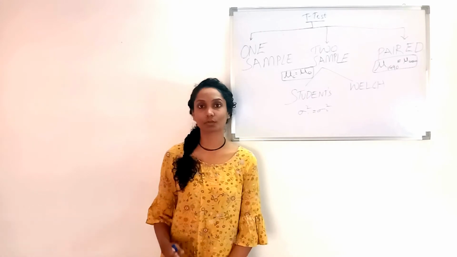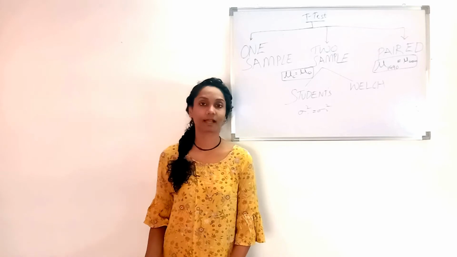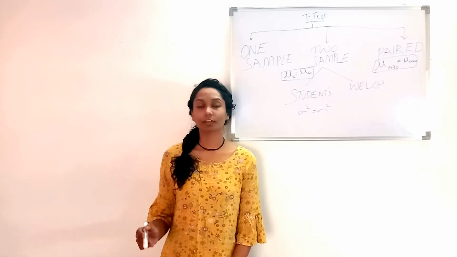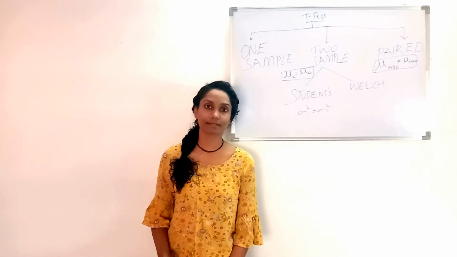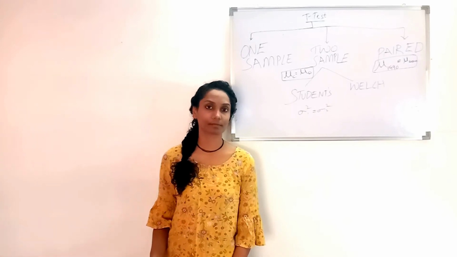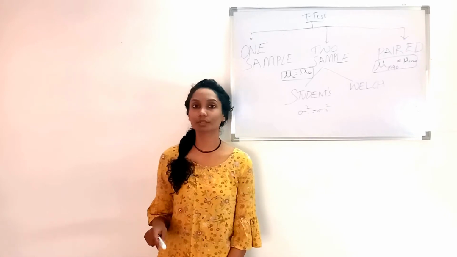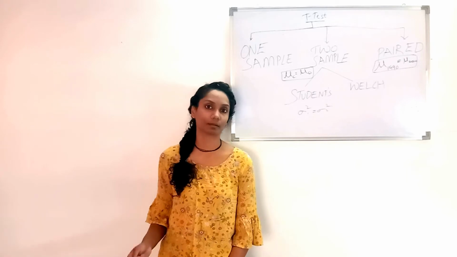Next comes the z-test. A z-test is also like a t-test where we are comparing the means of two groups. The main difference is that in a z-test, we can work with sample sizes greater than 30. But just like a t-test, even this assumes normal distribution of the variables we are comparing. And in a z-test, we need to know the standard deviation or the variance of the two groups we are comparing.